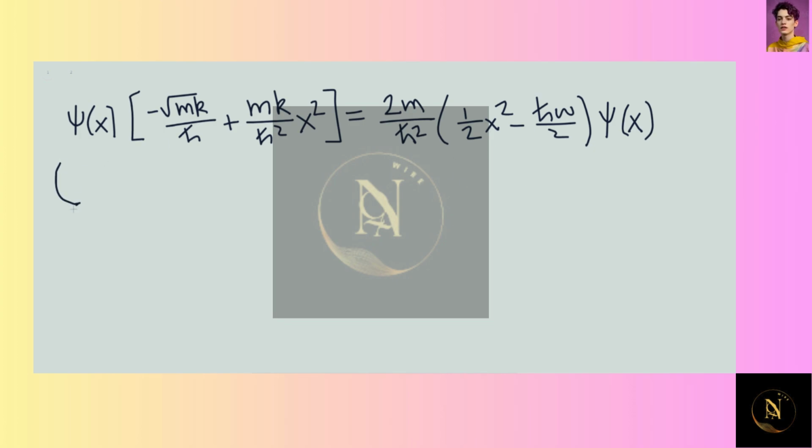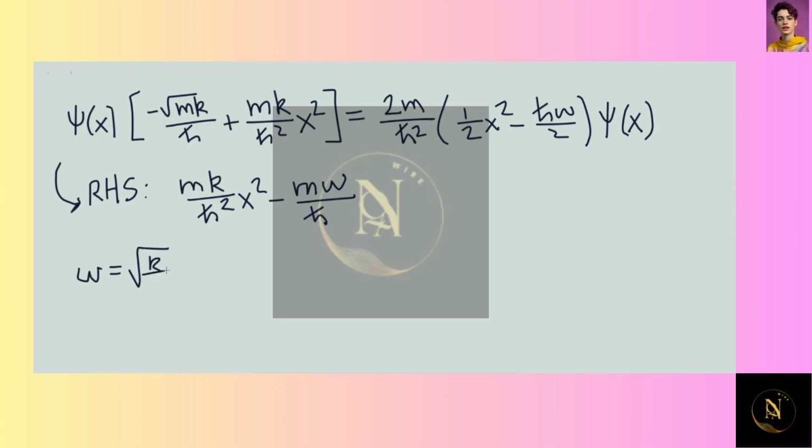So here's the right-hand side only. First step, we can expand this all the way out. We will end up with mk over h bar squared, x squared. That looks pretty familiar. And then we have another term, m omega over h bar. That looks a little bit less familiar. However, at this point, we can use the fact that omega equals the square root of k over m.